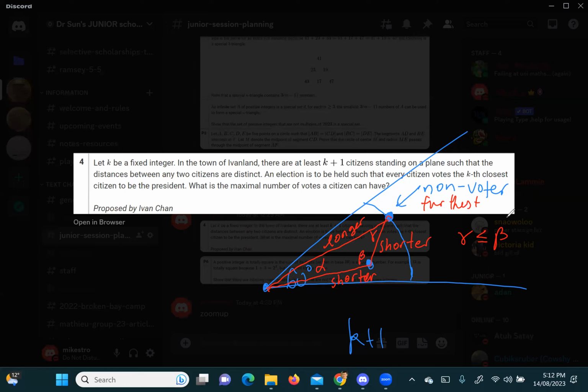Okay, so if gamma is smaller than beta, and alpha is smaller than 60 degrees, then that means beta plus gamma is greater than or equal to 120 degrees, right?